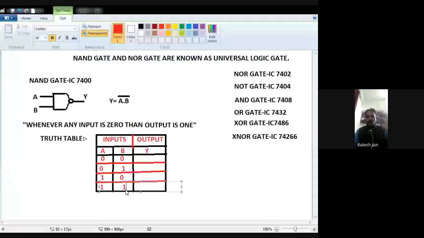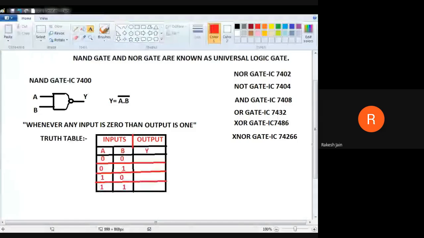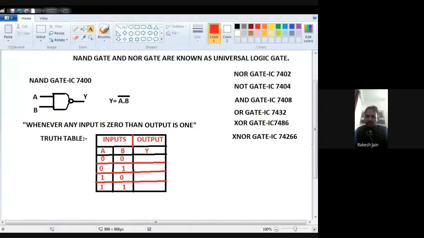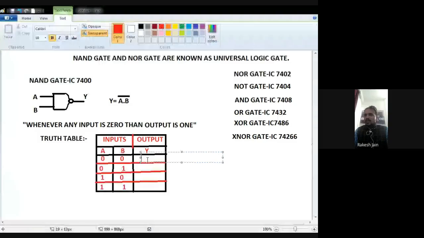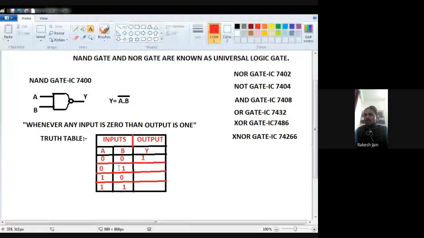Now see very carefully, what I wrote in the definition: if any input is 0, output is 1. So A is 0, B is 0. We see 0 in any input, any meaning either A, B or both. So you see 0, so just write down 1. Here A is 0, B is 1.